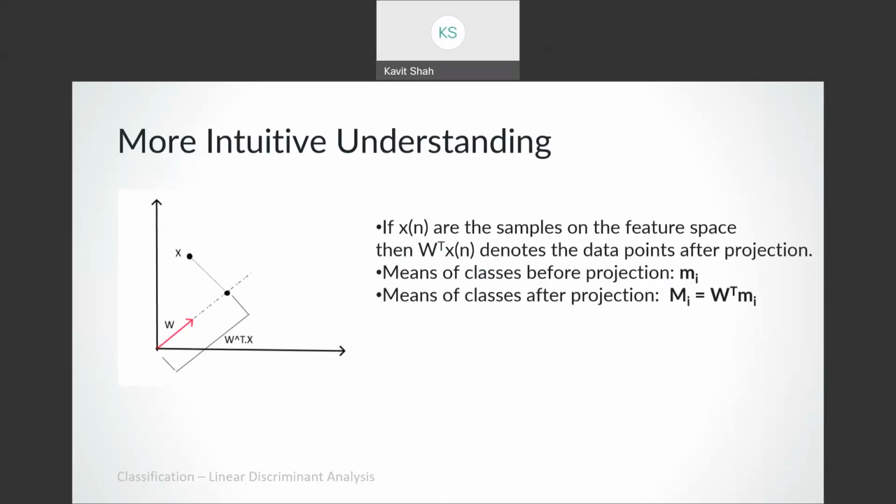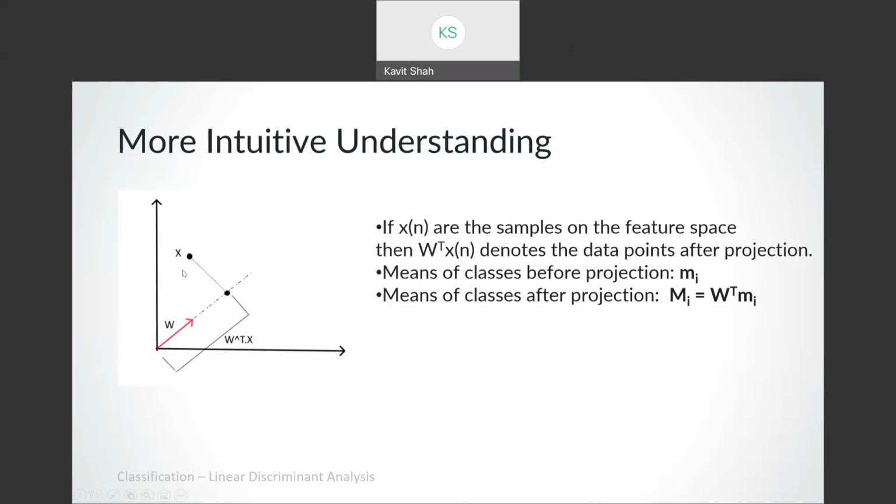Then if xn is the sample given to us, we need to find a best estimate, say w, which is the estimated value of the coefficients, beta, which we looked into in the previous slide, such that we project the data points x on the line w. So the new data points after projection would be w transpose x, correct?